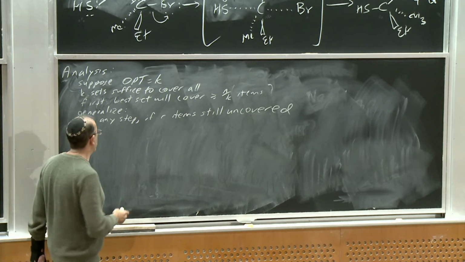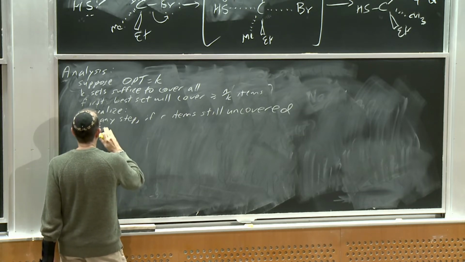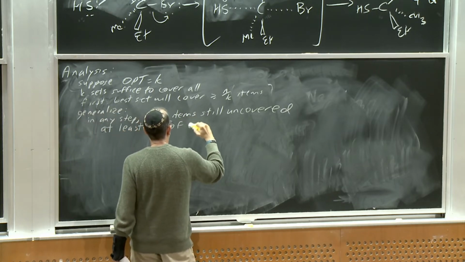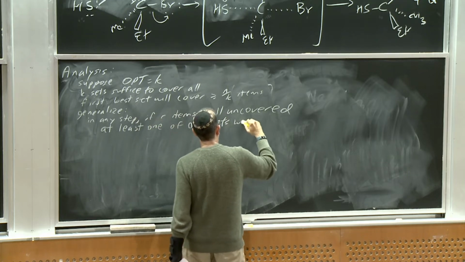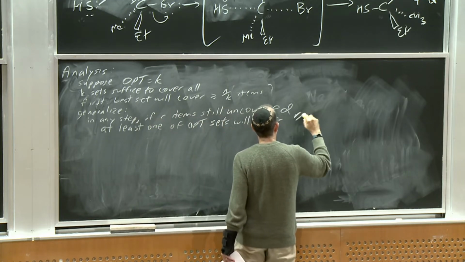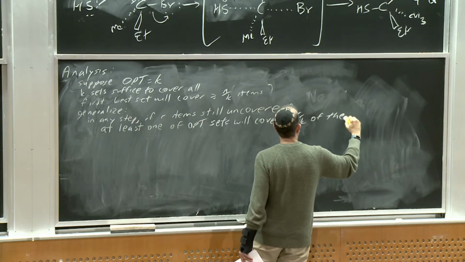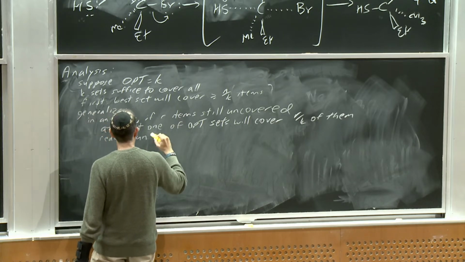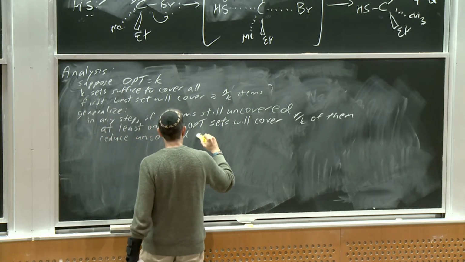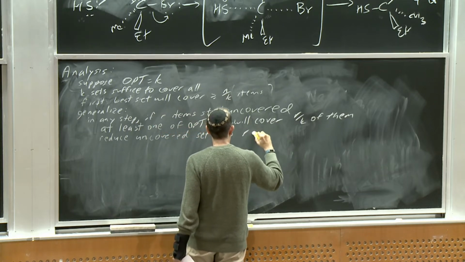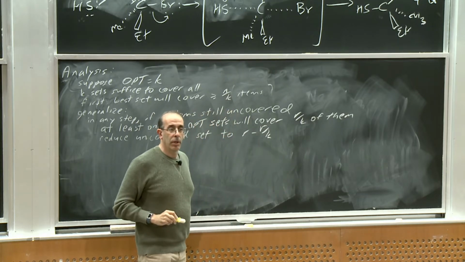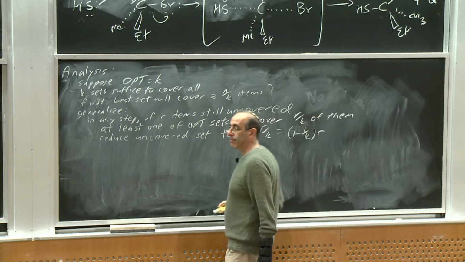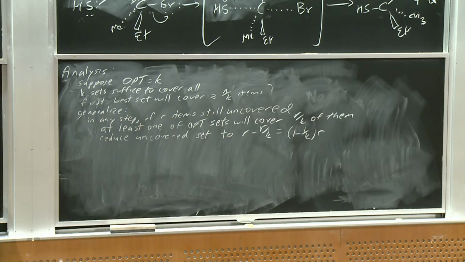If R items are still uncovered, at least one of the optimum sets will cover R over k of the items, which means we will reduce the uncovered set size to R minus R over k, which I can also write as 1 minus 1 over k times R. Okay?